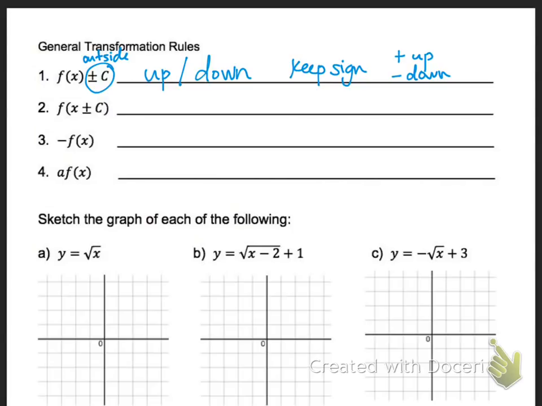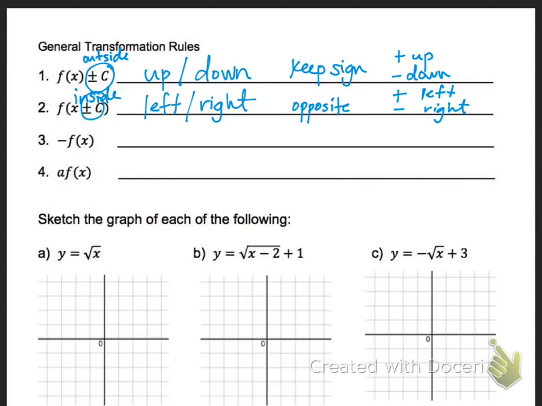If it is inside the parentheses, next to the x, that's going to shift it left or right. And it's always the opposite sign. So if it's a plus sign, then it goes left. If it's a minus sign, it goes right. You guys know this. You've done it a lot. I just want to remind you.